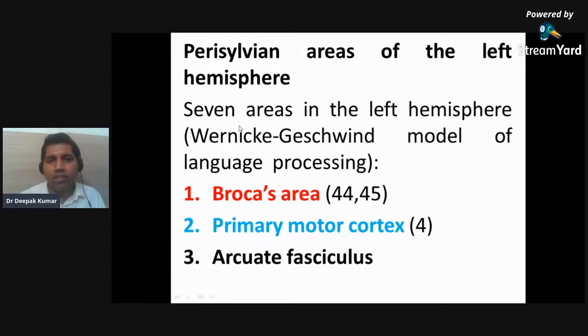There are 7 areas according to the Wernicke-Geschwind model of language processing. The commonly known areas, among the 7, a first year MBBS student will know only 3: Broca's area, Wernicke's area, and the conduction pathway or the arcuate fasciculus.